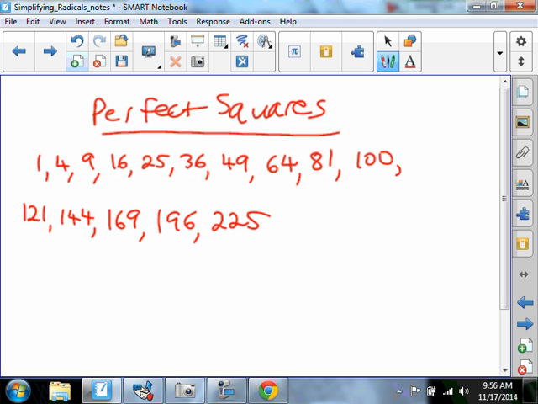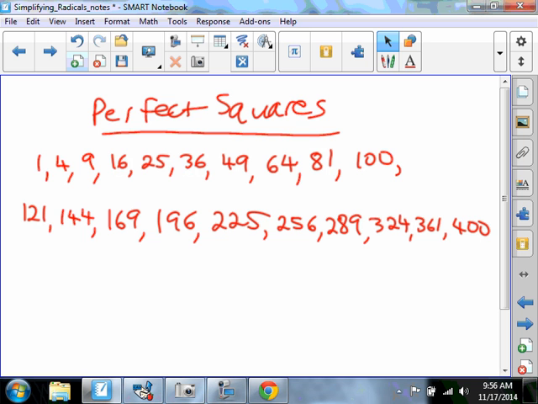Oh yeah, so 225 is a perfect square. Good. And then 256, and then 289, and then it got awful quiet. How about 324, 361, and 400?